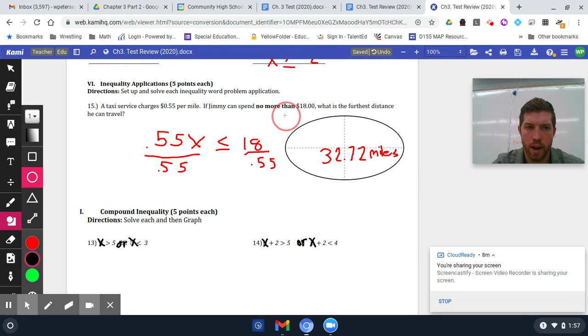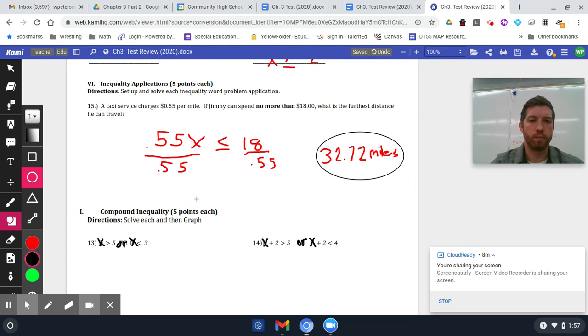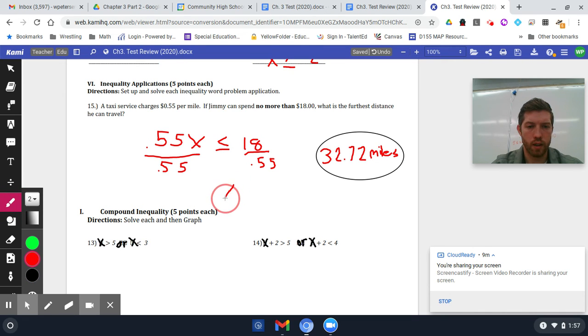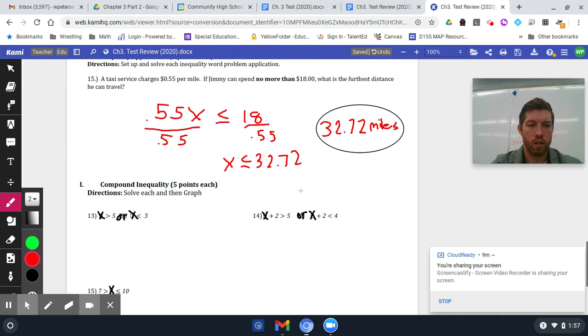So that's the furthest, the max we can travel, right there. And I can show that down here too. x would have been less than or equal to 32.72. All right. We're almost done.